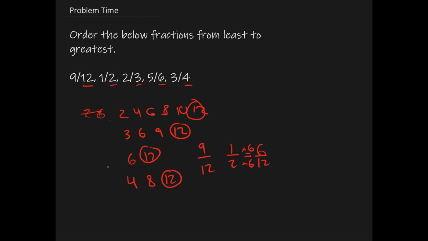2/3 equals what? 3 times 4 equals 12. So now we have to do times 4. So 2 times 4 equals 8. So 2/3 equals 8 twelfths. Next we have 5 sixths.